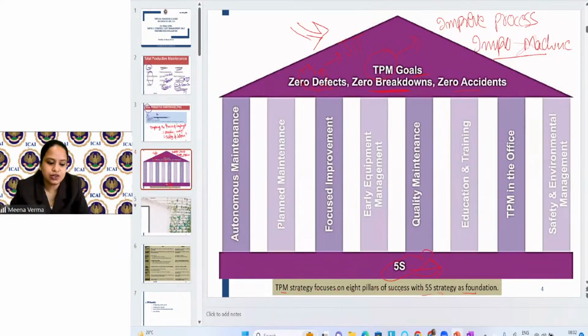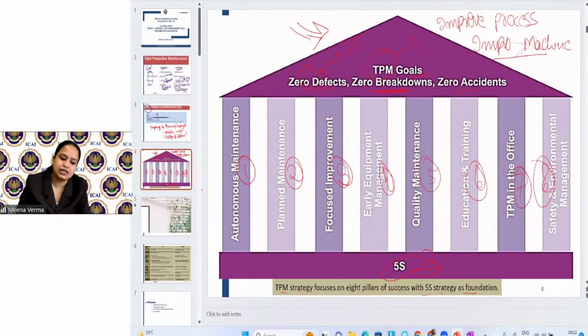So here you can see we have 8 pillars. 1 pillar, 2 pillar, 3 pillar, 4 pillar, 5, 6, 7, 8. So you can see these are 8 pillars, and the foundation for these 8 pillars is 5S methodology, and the goal of these 8 pillars is no defect, not even a single defect, zero defect, no breakdown, not even a single time the machine will fail.